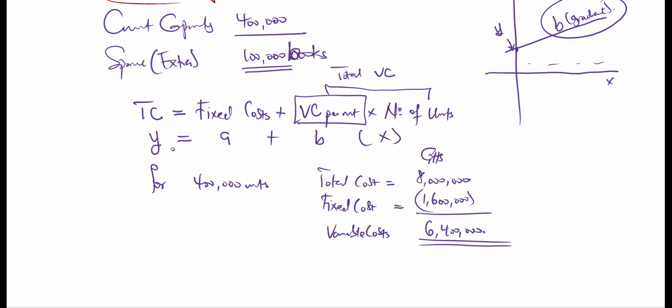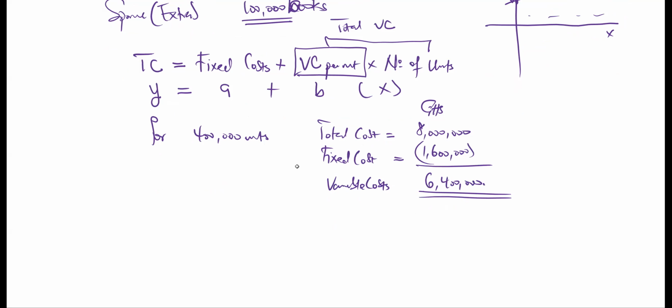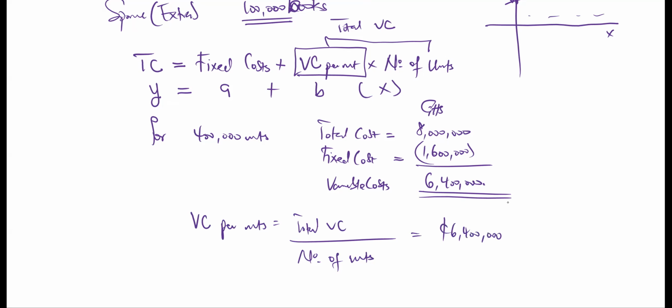Okay. 6.4. We know our variable cost, but we know that variable cost per unit is always constant, right? So what then becomes our variable cost per unit? Our total variable cost divided by what? The number of units, right? So we know our total variable cost was 6.4 million. And then our unit was what? 400,000 units.